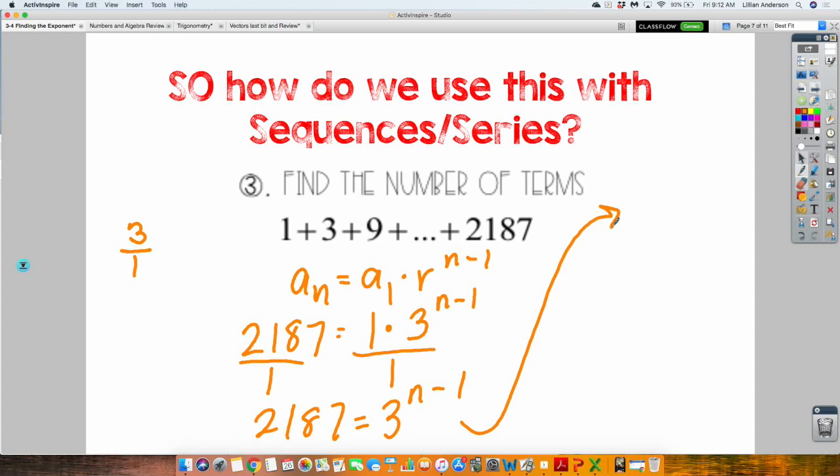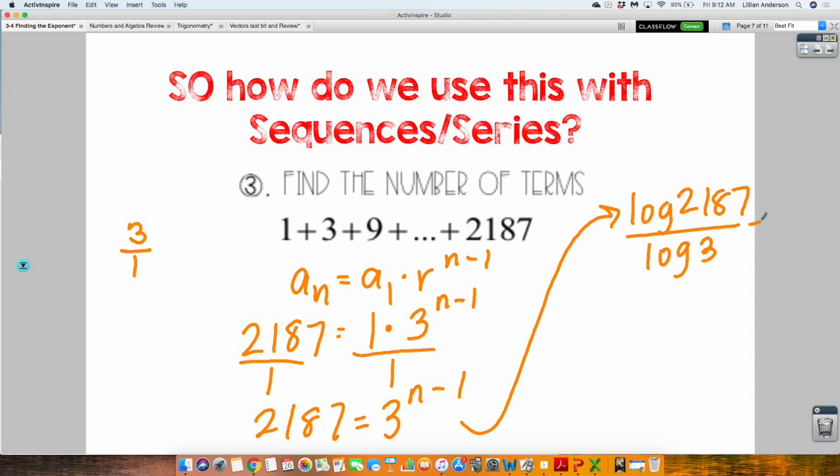Now, because we're looking for a term in the sequence, the numbers cannot be negative and they cannot be a decimal. So when you're looking for the value of n, when you're doing this log in your calculator, it should be a whole number.